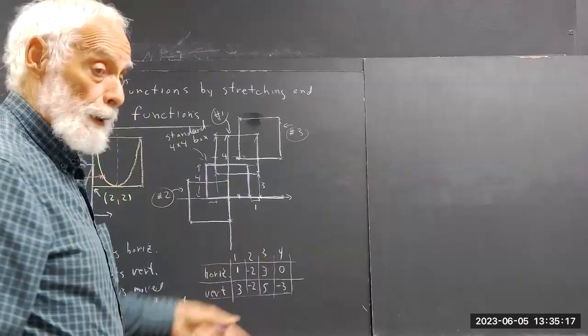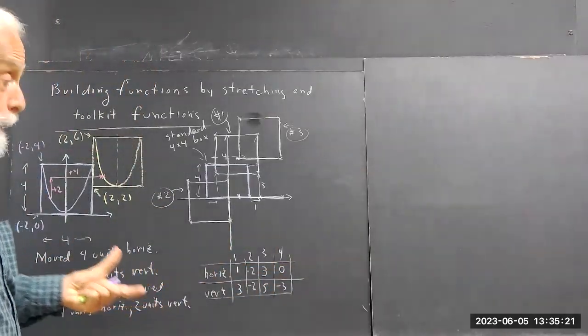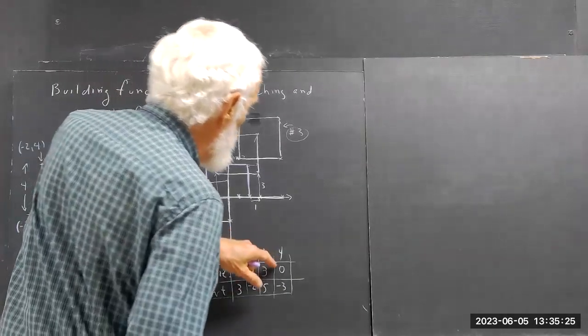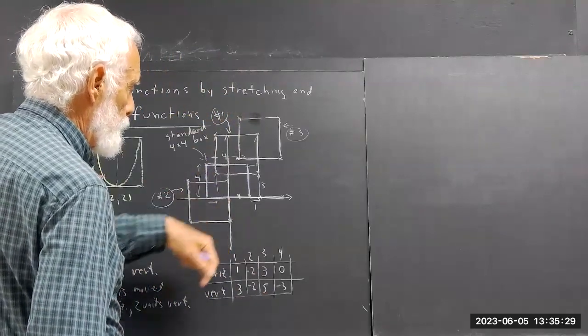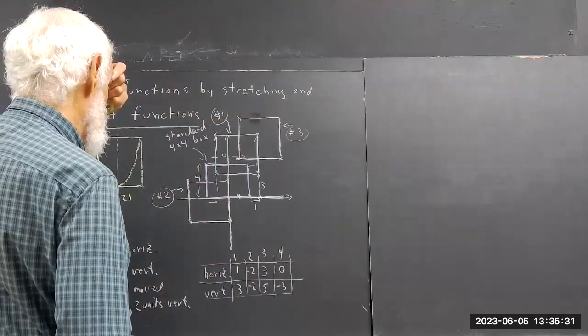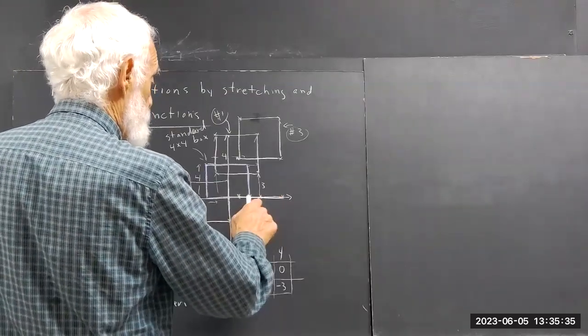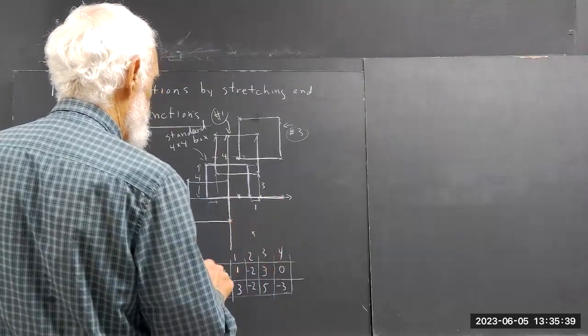Now, if you haven't done the last, you do it. You need to do these to see whether you're doing them right or not. Okay, so we move no units in the horizontal direction and -3 units in the vertical direction. Means this corner is not going to move horizontally, but it's going to move 3 units downward, which will put it maybe back here.